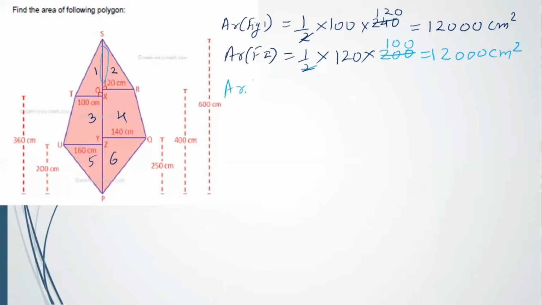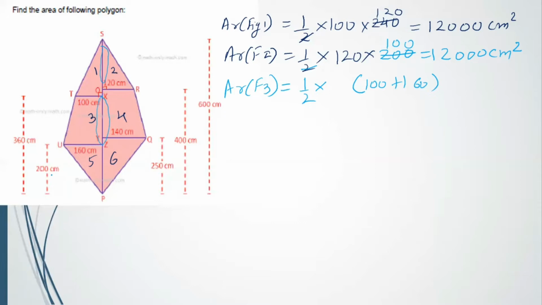Now let us find the area of figure 3, which is a trapezium. Just recall the formula for the area of a trapezium: half into height into the sum of parallel sides. The parallel sides here are 100 and 160. So I write 100 plus 160 first of all. Now I need to find the height, which is the distance between the two parallel sides. This is 360 and this distance is 200.